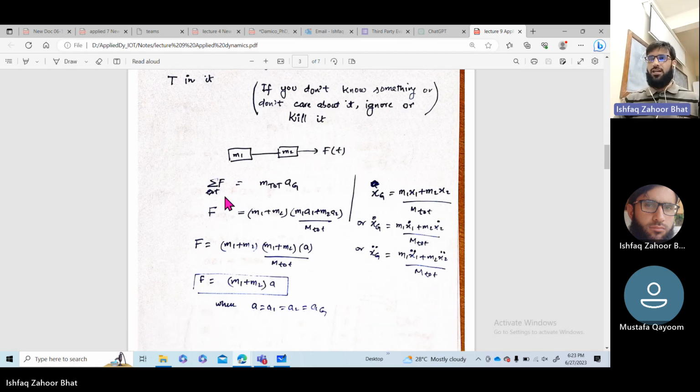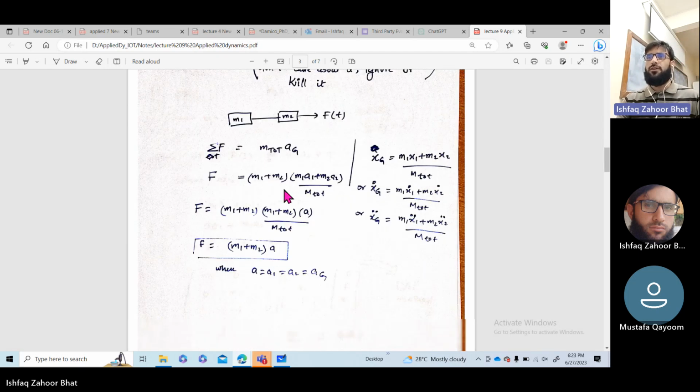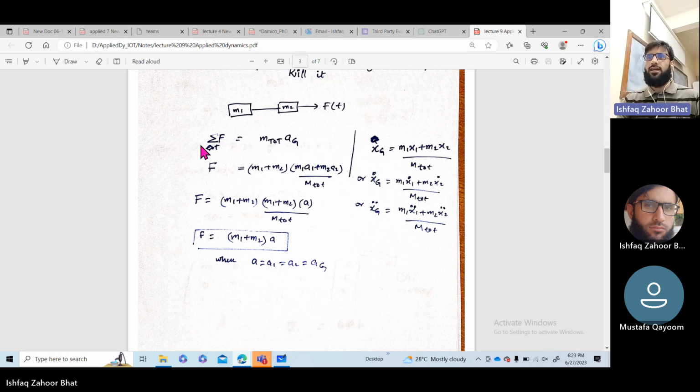We have read in the previous lectures that if we have a system, and here the system is M1 and M2 jointly, we can treat this as a system. For a system, we can write the summation of all external forces equal to M total of the system times the acceleration of the center of mass. What is the net external force?